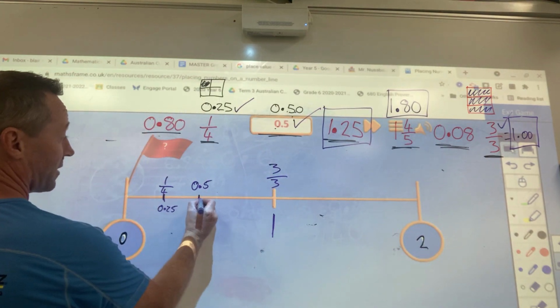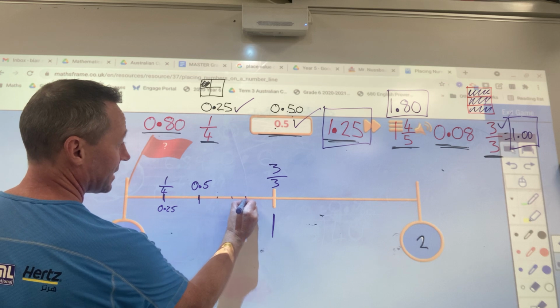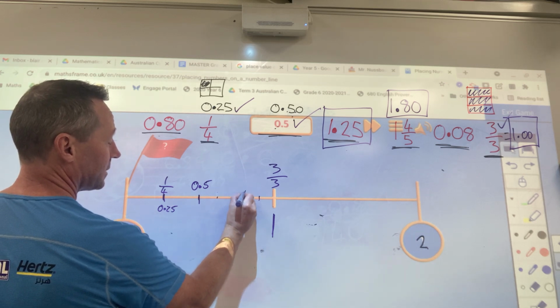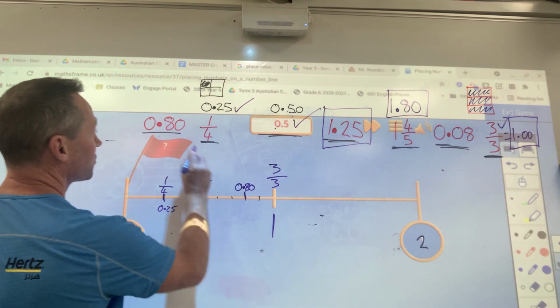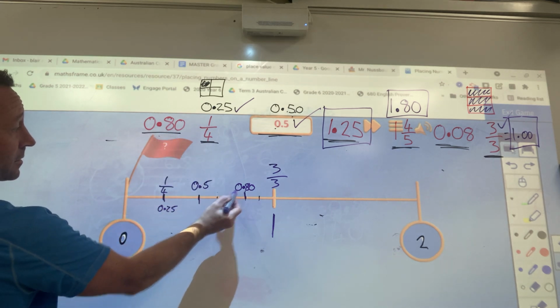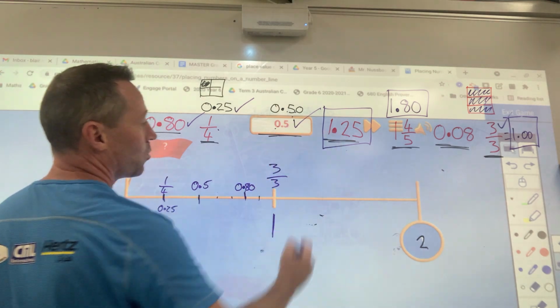So if I did that, if that's half, that'd be about 6, 7, 8, 9. So 8 must be about here. So that here would be 0.80 because they had the hundredths. I'll put that there. So, yep, done the quarter, done that.